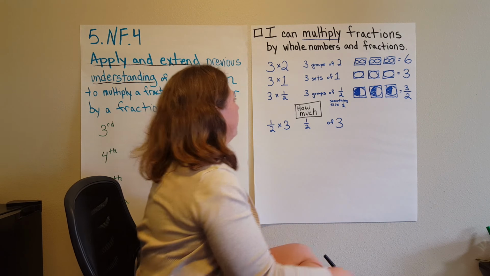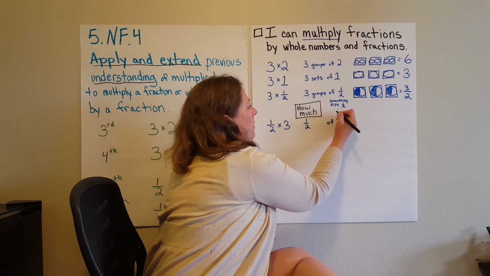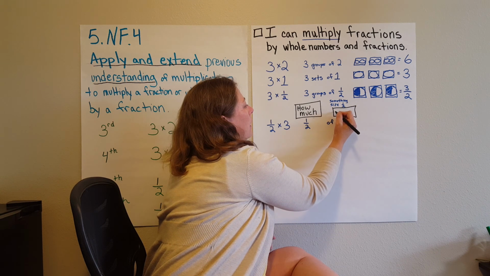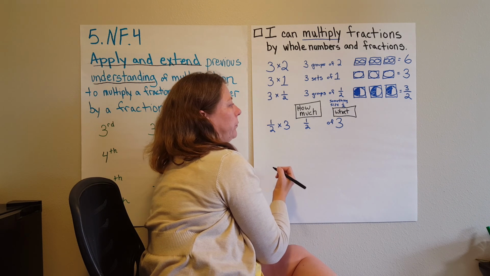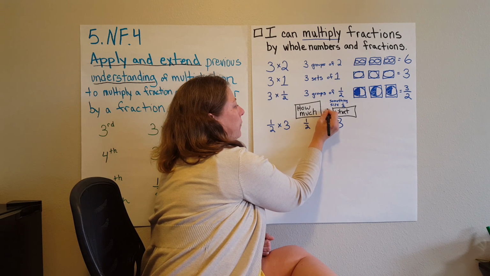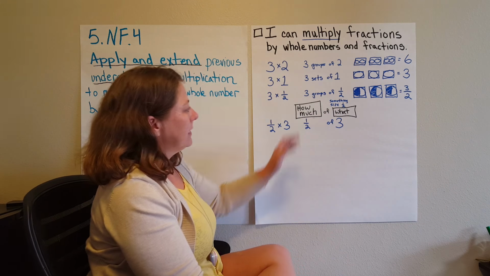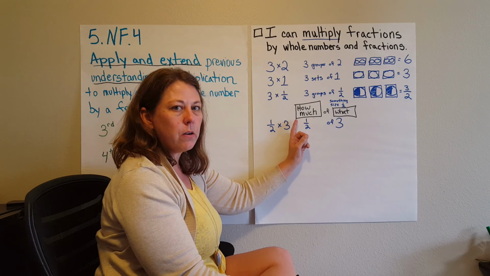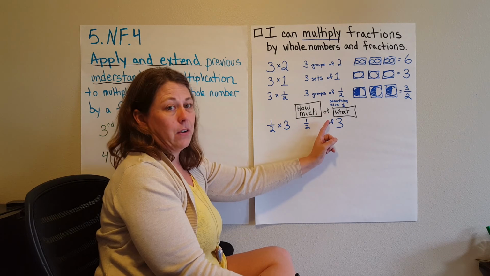How much? The second factor always tells what. And our word "of" still fits right here. So anytime we have a multiplication problem, the first factor tells us how much of what.